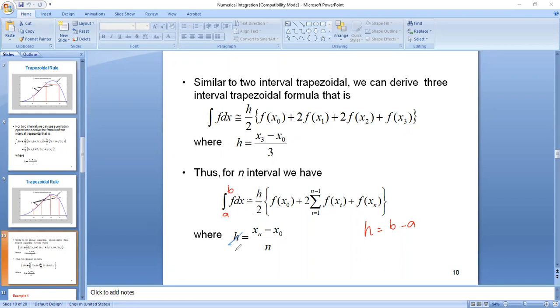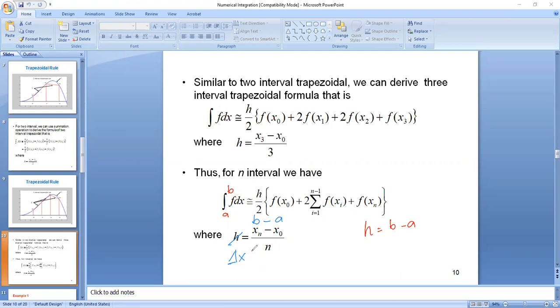I like to write this as delta x. The delta x is equal to x sub n minus x sub 0, which is equivalent also to b minus a, divided by n. However, the n here depends on what you have chosen. If you want to divide the area under the curve using 6 trapezoids, then it should be 6. If you want to divide using 7, you can use 7. So this n depends on the number of divisions.